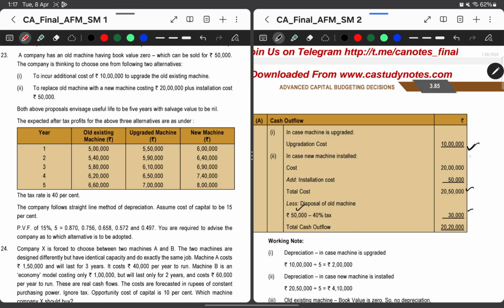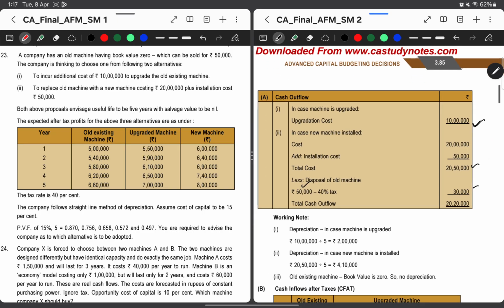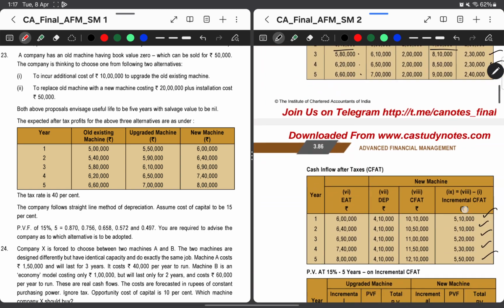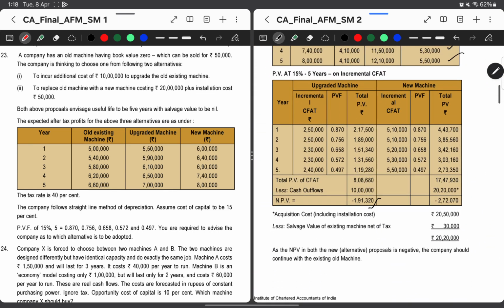Whatever is the differential one, that only we have to take. In case of upgradation, whatever the upgradation cost is, that is the incremental cost. But in case of replacement with new machinery, we have disposal of old machinery and tax payable on that sale of old machinery. That adjustment is there. So we have to consider 2,20,000, not 2,50,000. That will be the initial outflow.